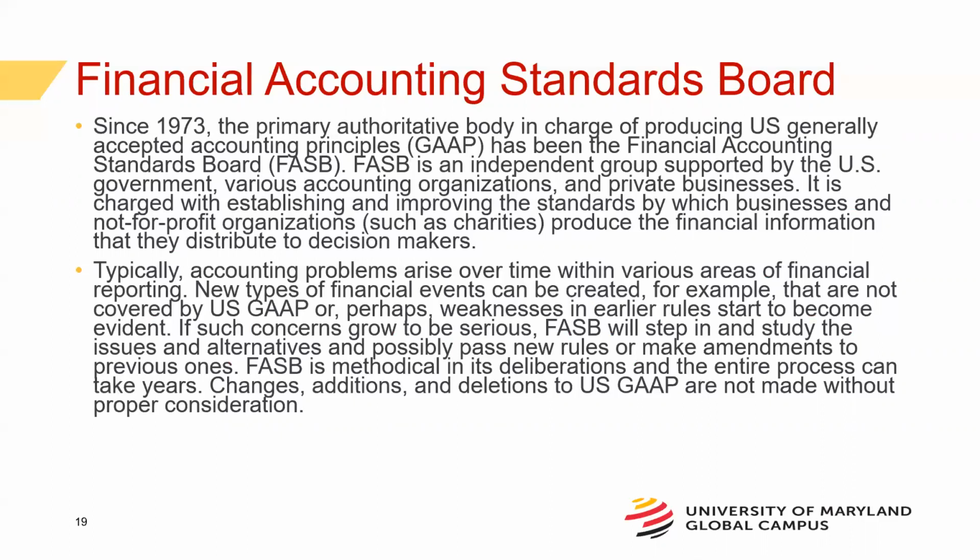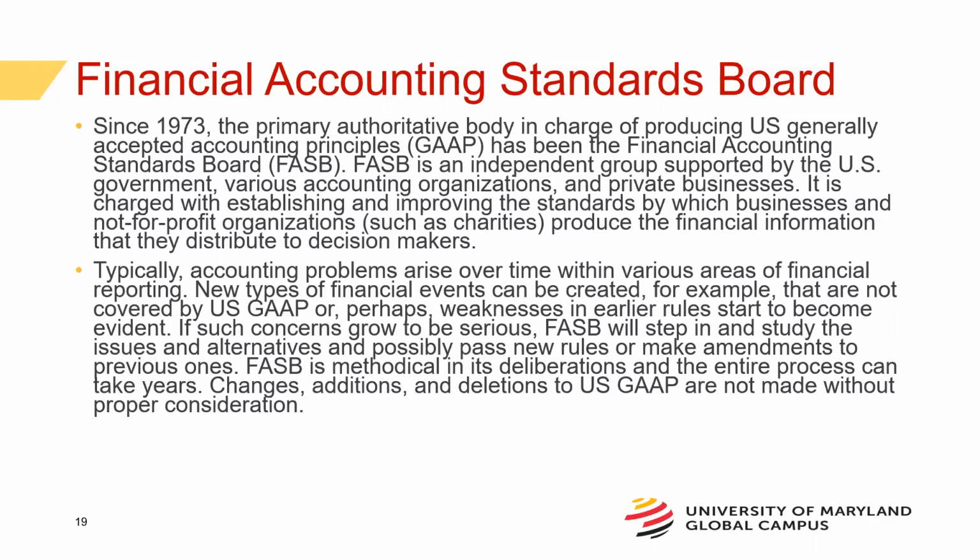There are a lot of standards that govern the overall reporting of publicly held companies. In the United States, the governing body is the Financial Accounting Standards Board, which utilizes generally accepted accounting principles in the reporting standards.